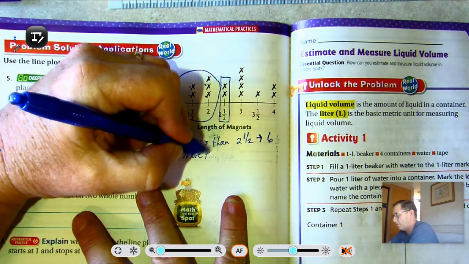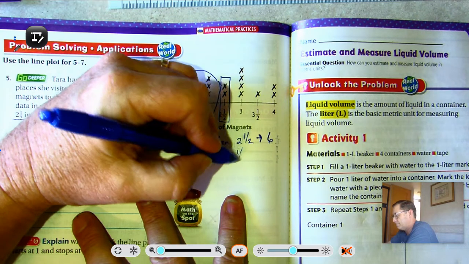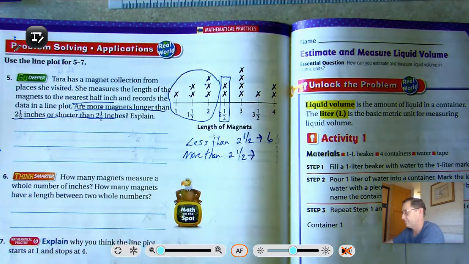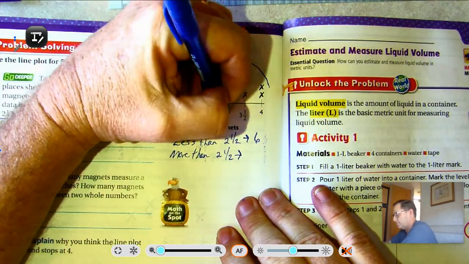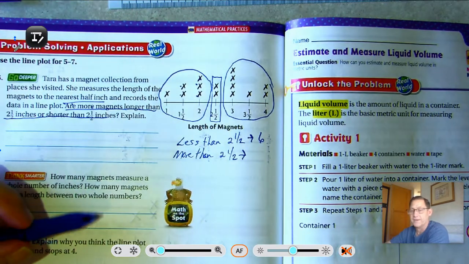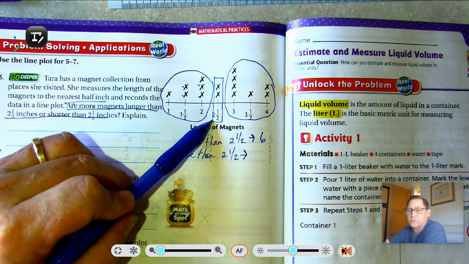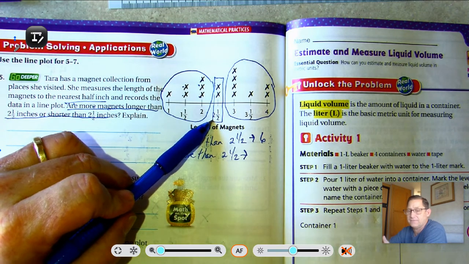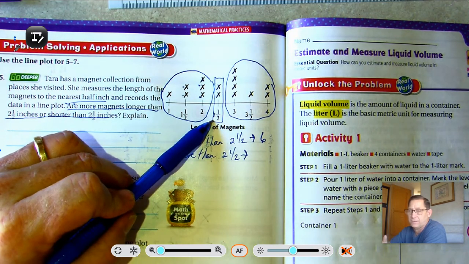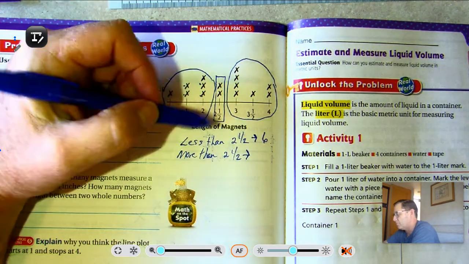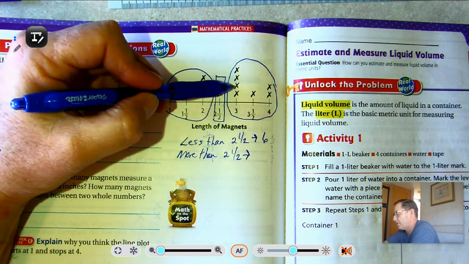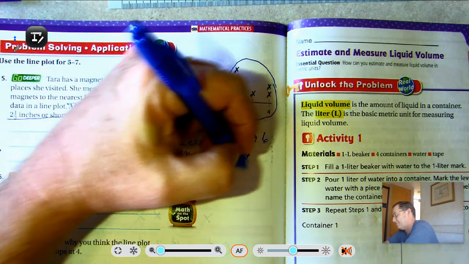How many are more than 2.5? So circle them. Okay. So again, why aren't we using the ones right in the middle? Because 2.5 isn't greater than 2.5 or shorter than 2.5. 2.5 is 2.5. All right, so how many are more than 2.5? 1, 2, 3, 4, 5, 6, 7.